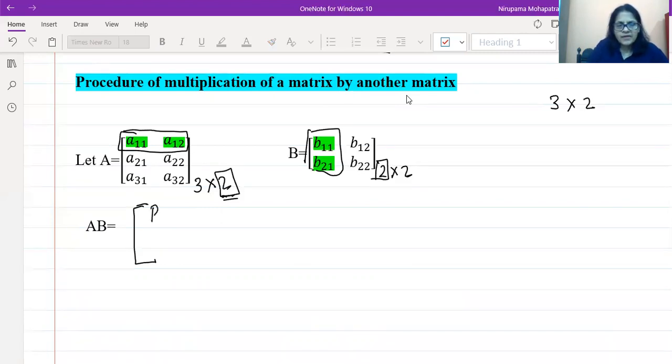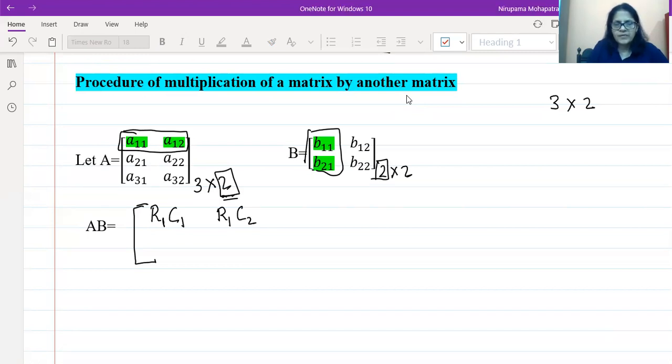So I'm writing here like this: R1, C1. This is the position of first row, first column, A11. Then I can write here R1, C2. Okay, so R1, C1, then R1, C2.